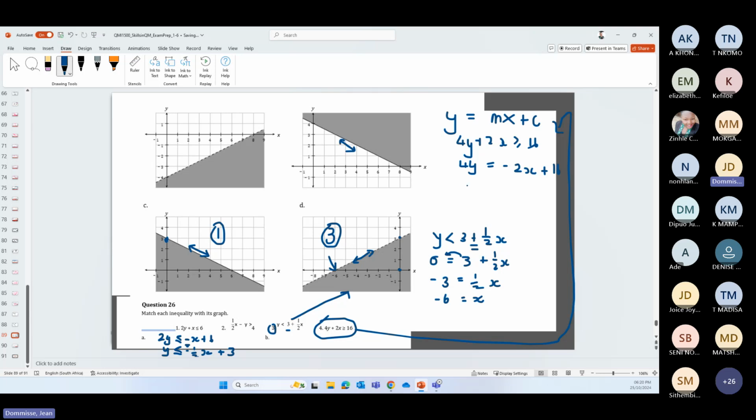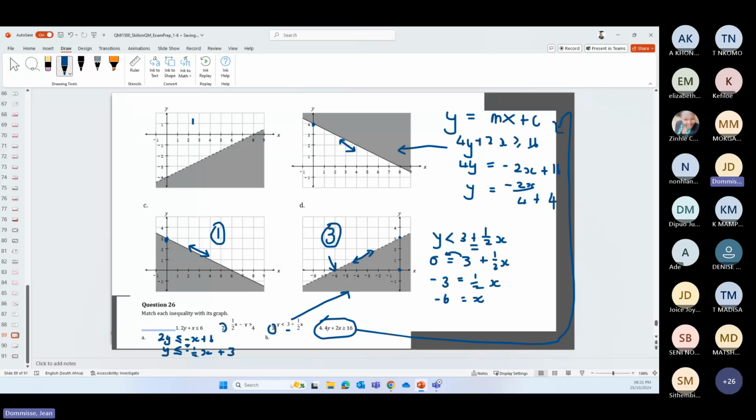But let's just make 100% sure. So we need to divide everywhere by 4. So minus 2x over 4 plus 4. So there you can see plus 4. So we know that this one is linked to that. And then that one will be the one that is linked to graph 1.